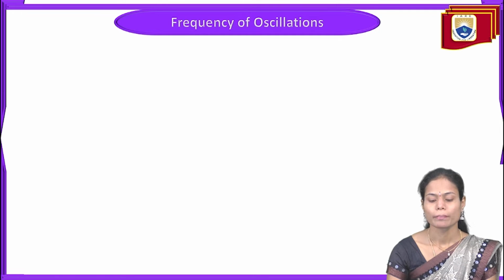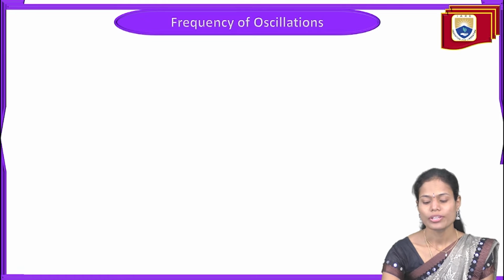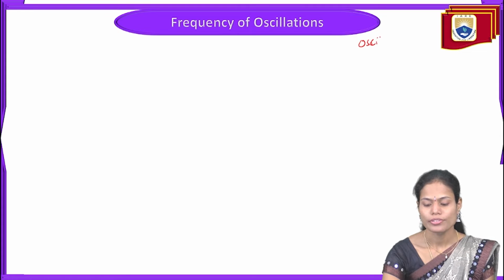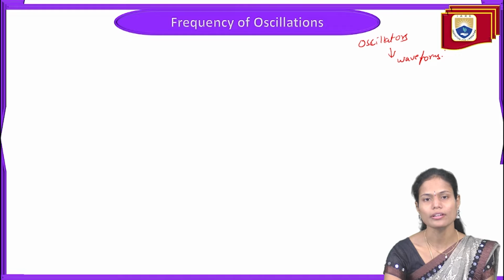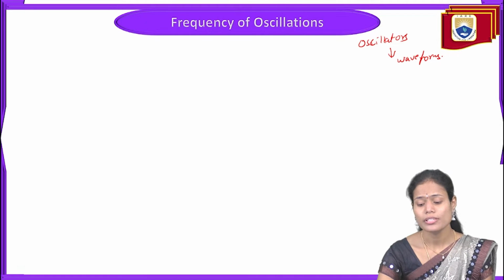Before going to the problems in oscillators, what is the basic function of the oscillators? An oscillator is used to generate different types of waveforms, which may be either in sinusoidal form or in non-sinusoidal form. These oscillators are one type of feedback amplifier, we can say. Why?